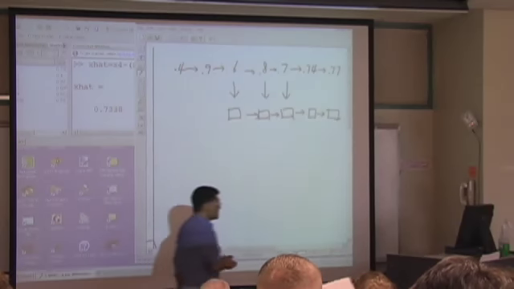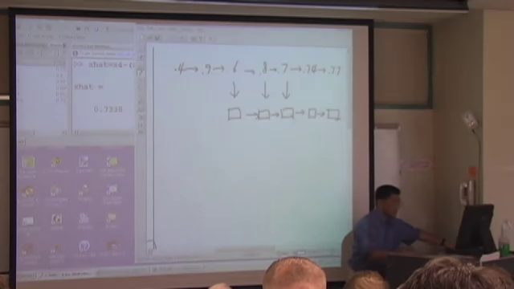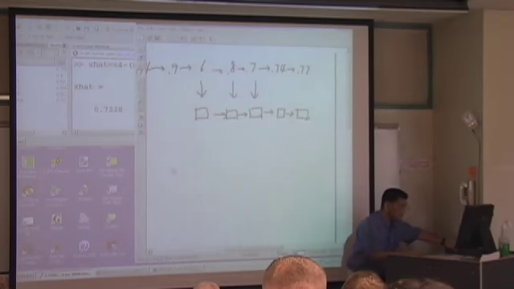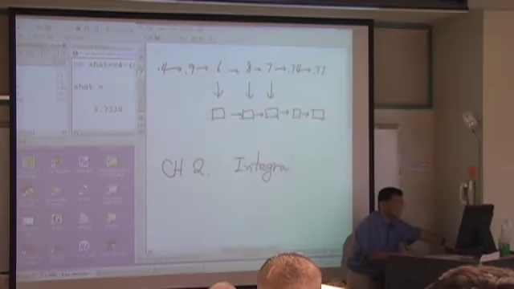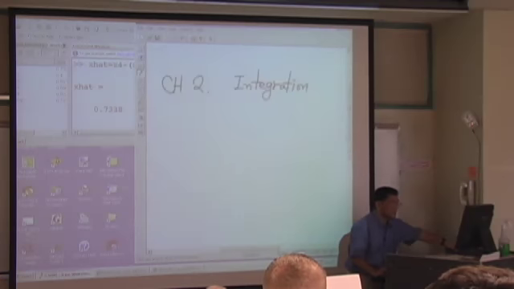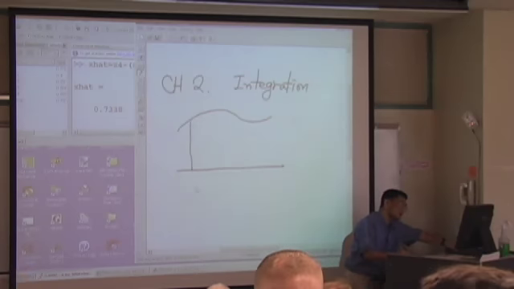And now we will go to the next chapter covering integration. Usually integrals represent the area.